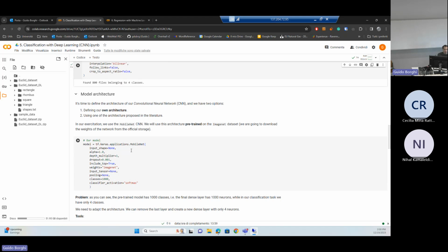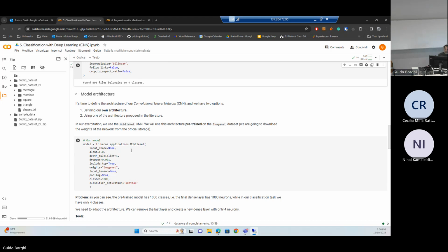The second option, one of the most used in the literature usually for standard problems, is to download and use an architecture already proposed in the literature, an architecture that has been developed by a research laboratory in the world.